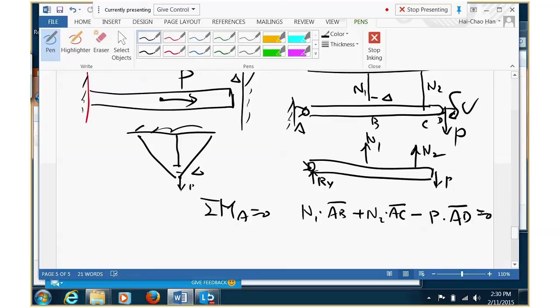By that I mean AB is the length of the AB segment. So one equation, 2 unknowns, indeterminate. All right, so that's the equilibrium part. Now the deformation part.